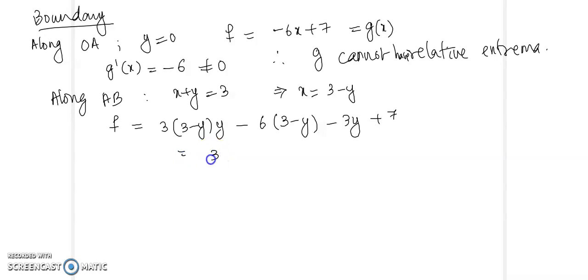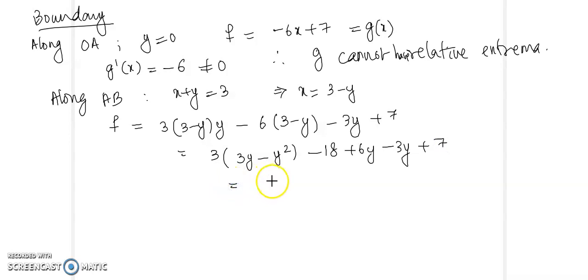Upon simplifying you will get 3y minus y square minus 18 plus 6y minus 3y plus 7, so that will be minus 3y square plus 12y minus 11.